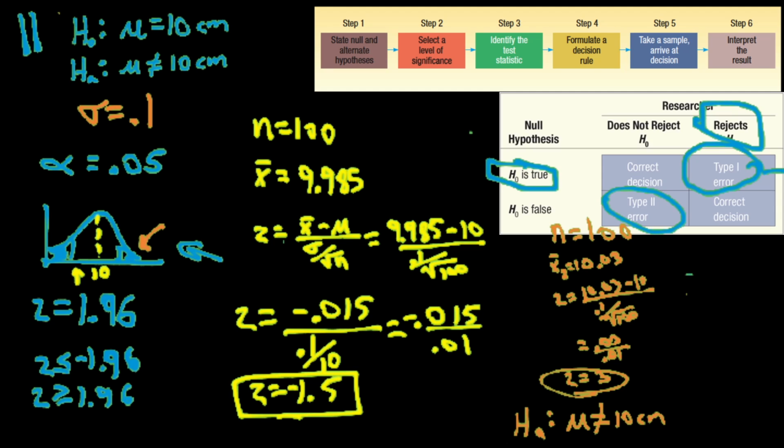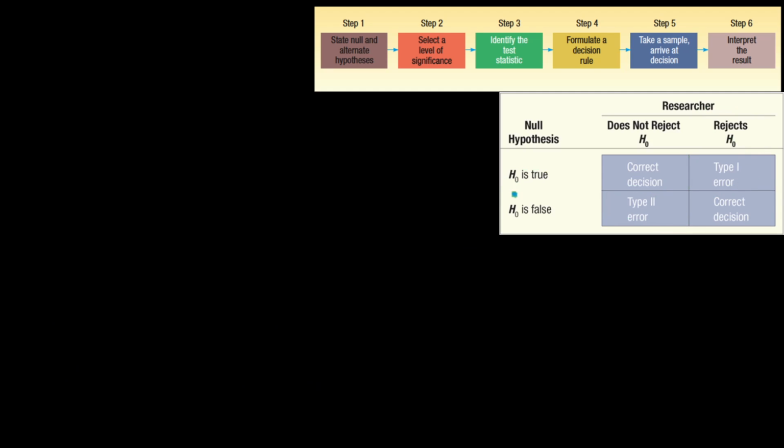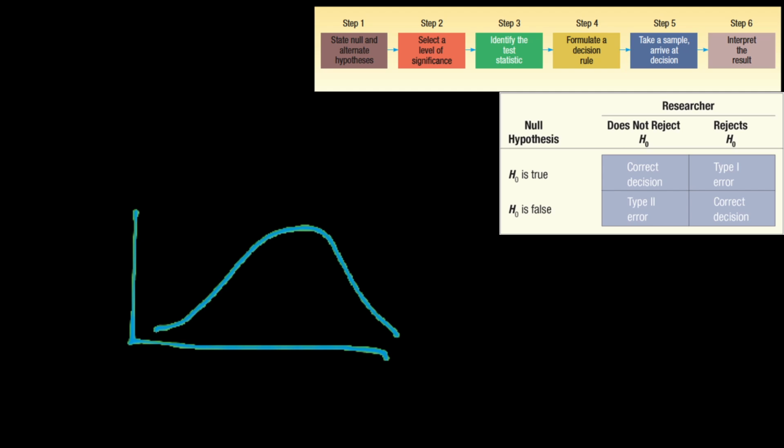So let me try to draw this. Might be easier to just start fresh there. So really, when we think about this, let's imagine this is the 10 that we've been talking about.